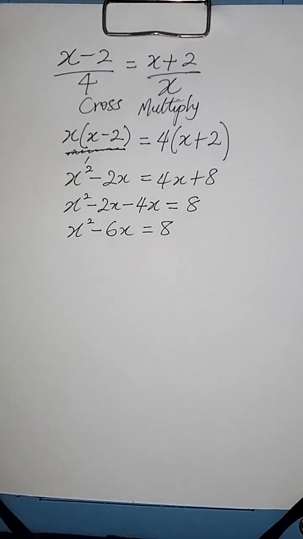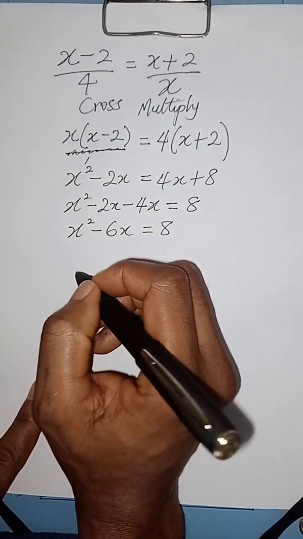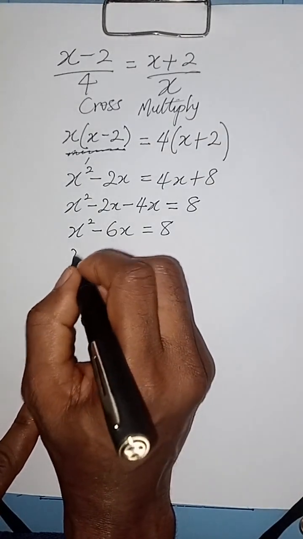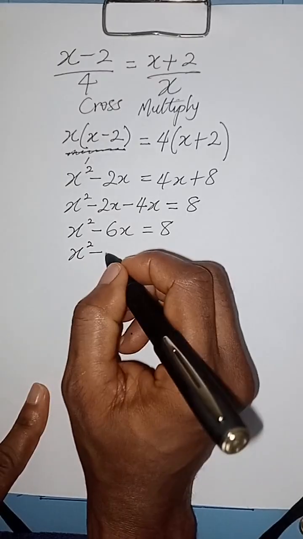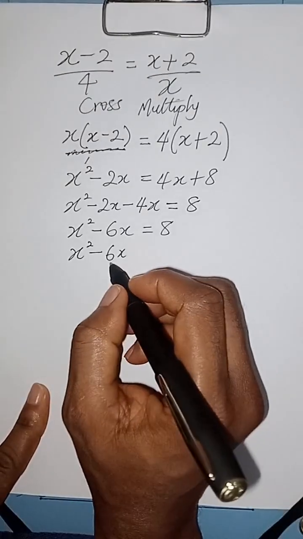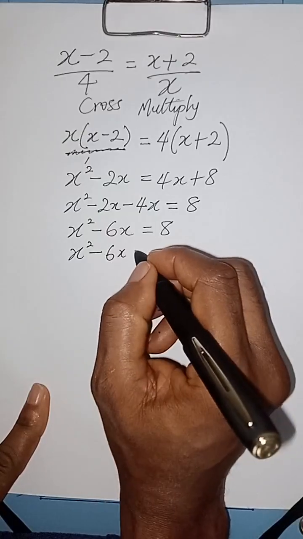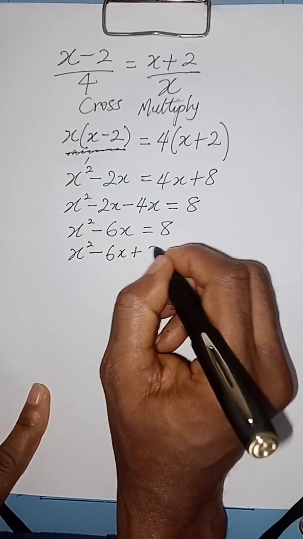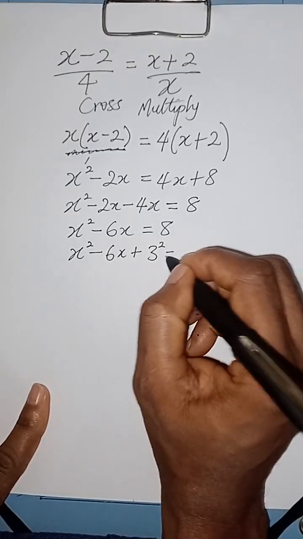But again, I'm going to stick to the completing the square method so that you get used to how to use that method in solving quadratic equations. So what do you do next? Recall, you write x squared minus 6x, add half of the coefficient of x. Half of 6 is 3. Square it, add it to both sides.